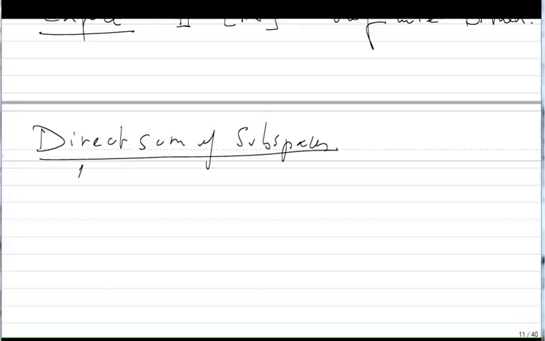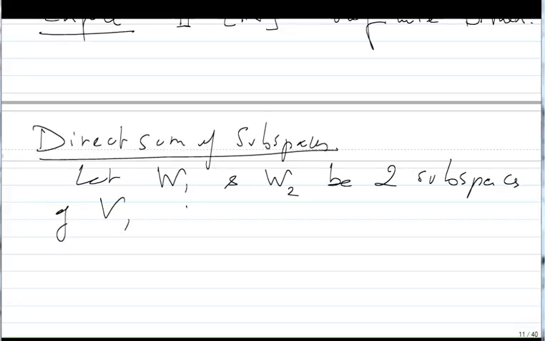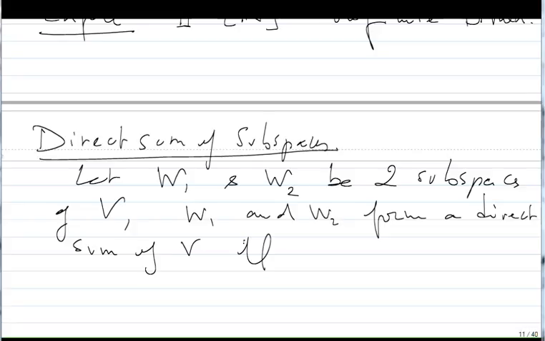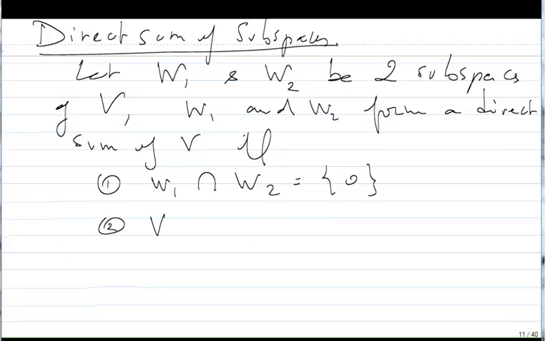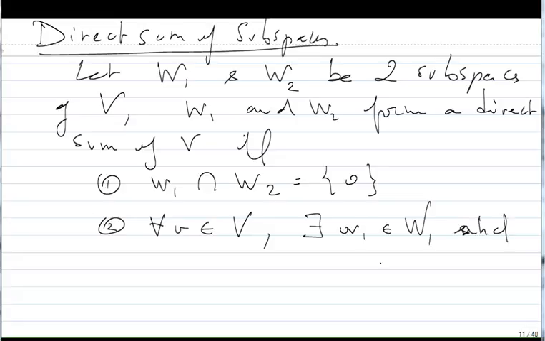Let W1 and W2 be two subspaces of V. W1 and W2 form a direct sum of V if and only if, number one, W1 intersect W2 is equal to the zero vector, and number two, for any v in V, there exist, and they are unique because of one, two vectors, w1 in W1 and w2 in W2, such that v is equal to w1 plus w2.